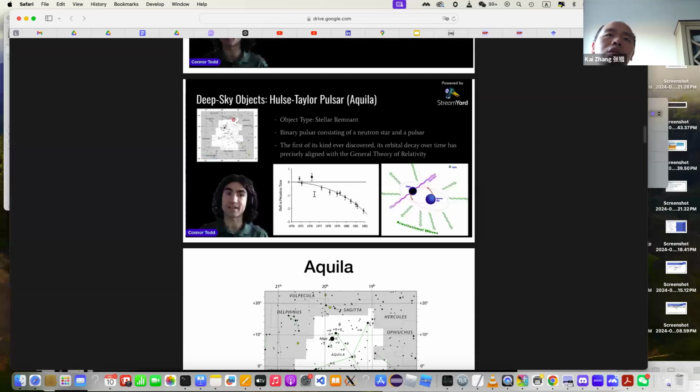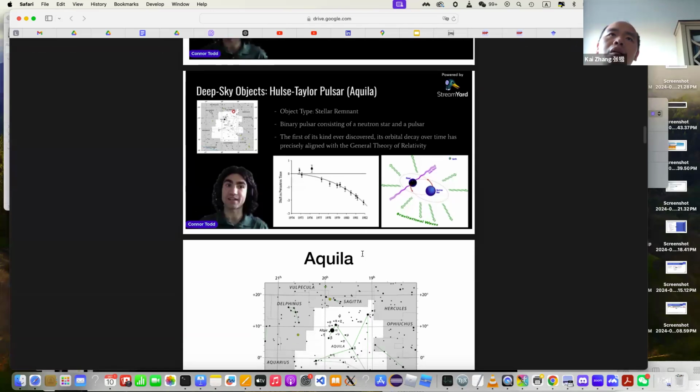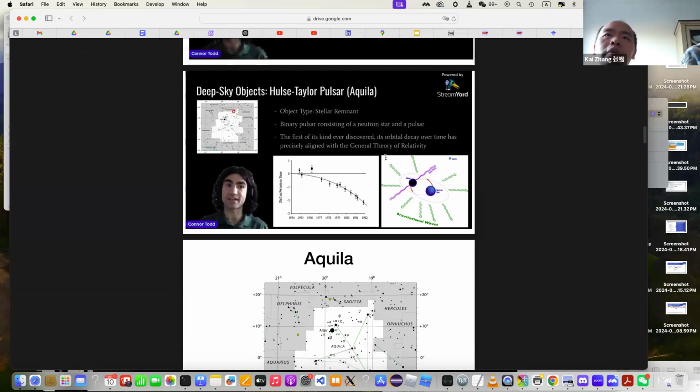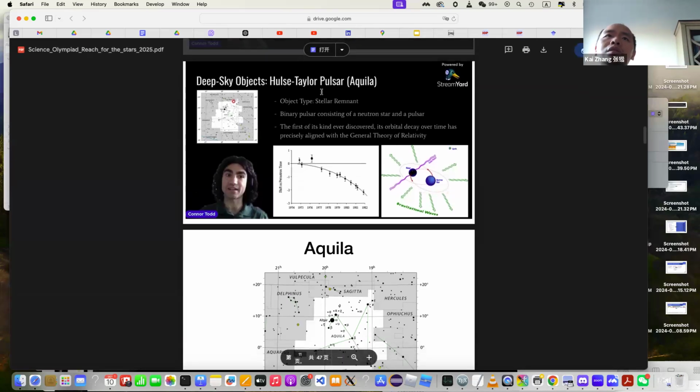And this was found by Arecibo. It is a 300-meter telescope in Puerto Rico, and it recently collapsed, so it is not in use now. But it made the discovery, and it won the Nobel Prize. So yeah, it's a very important discovery. Neutron star and pulsar.